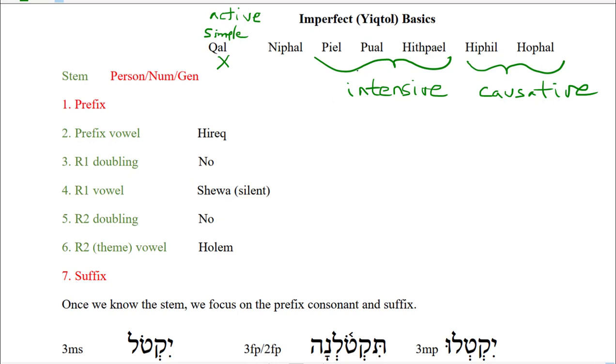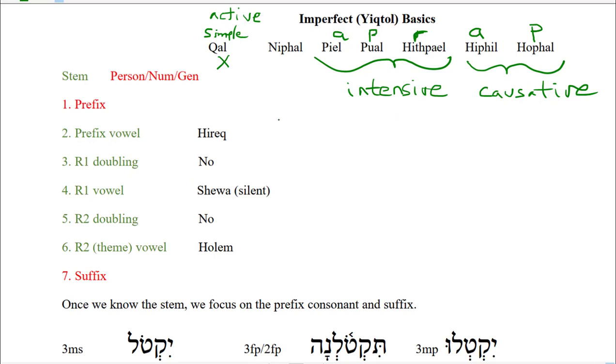So in terms of active and passive, we have the piel would be active intensive, the pual would be passive intensive, the hithpael would be reflexive intensive, and in the causatives, the hifil would be active causative and the hofal would be passive causative.